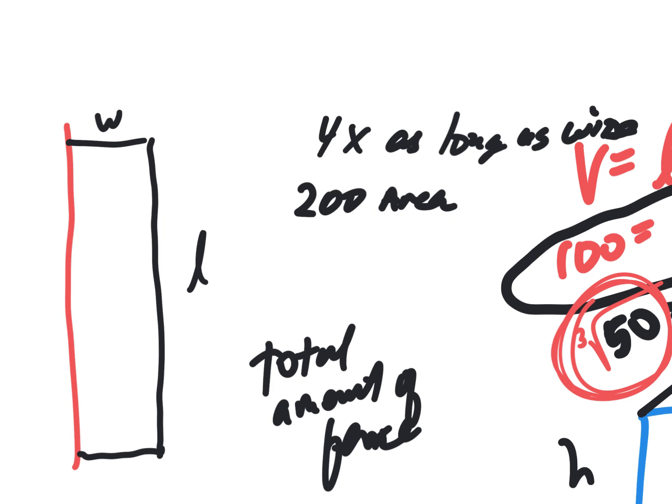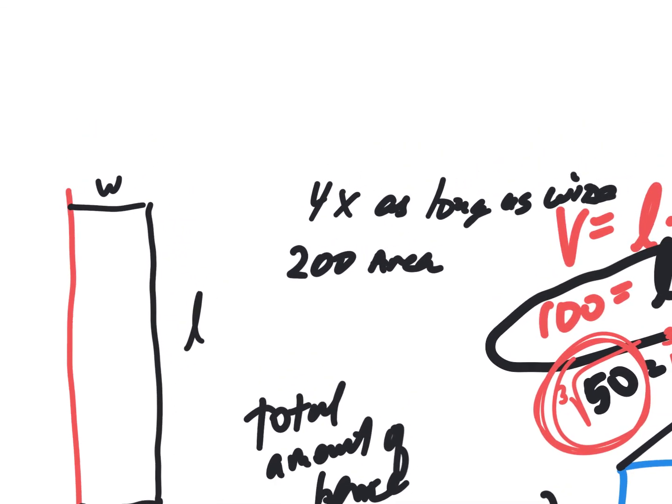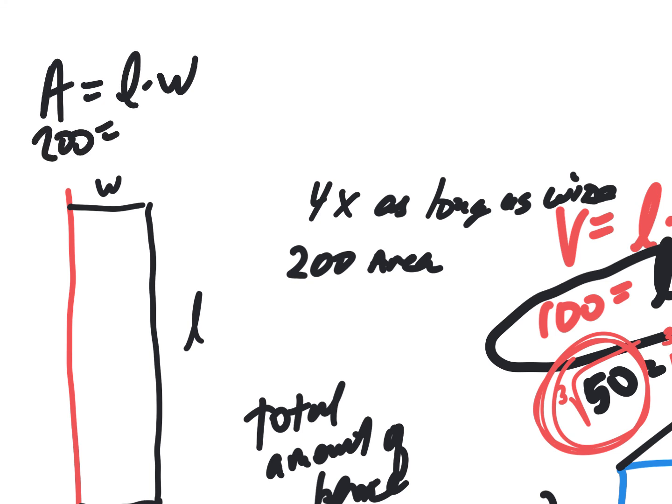Okay. I hope you thought area, length, width. And area is 200. Length, well, I can't just use length and width, otherwise I still have two variables. So this is the 4 times as long as wide.